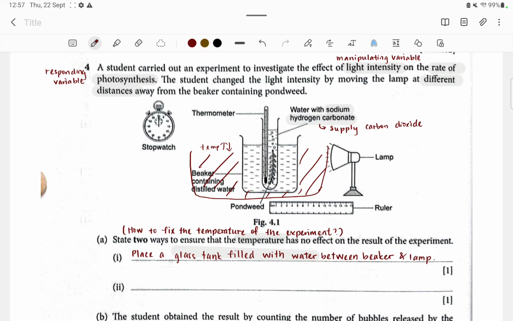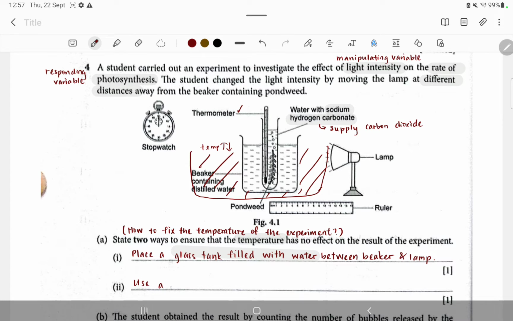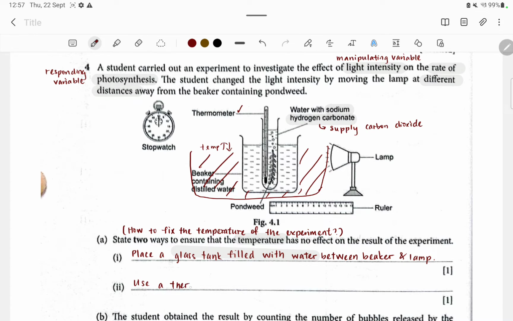Okay. The other way is thermometer. So you can say, use a thermometer, and then state the function, to monitor the changes of temperature.